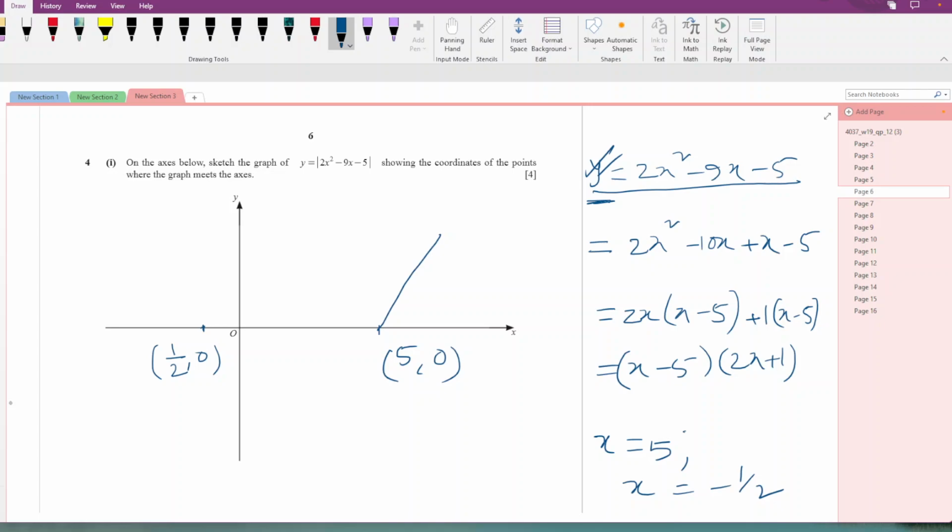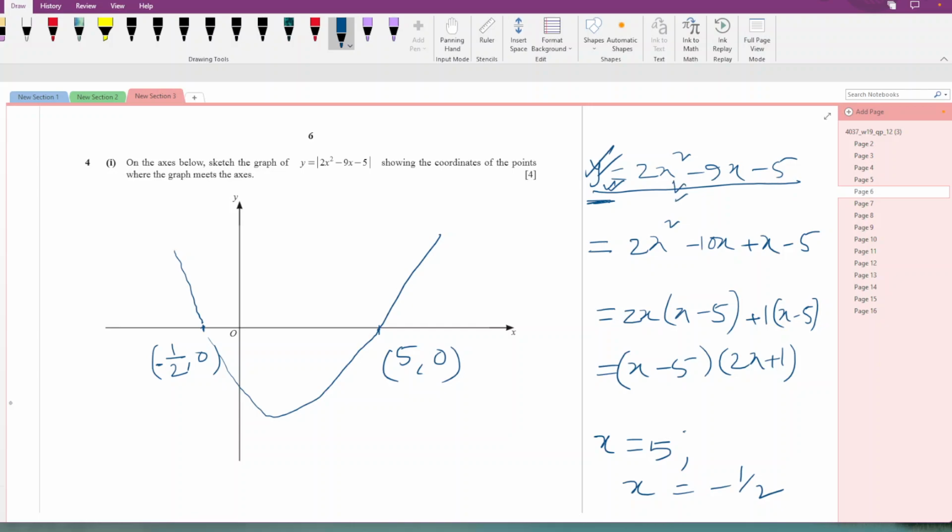For values of x between minus half and 5, y is negative. For values of x less than minus half, y is positive. Therefore, this is the graph of y equals this.